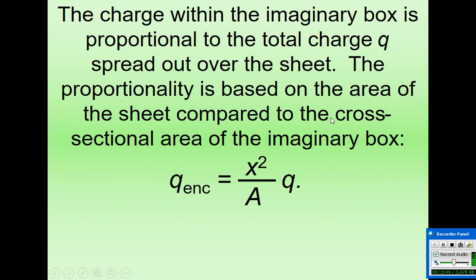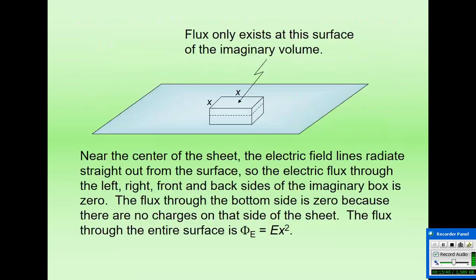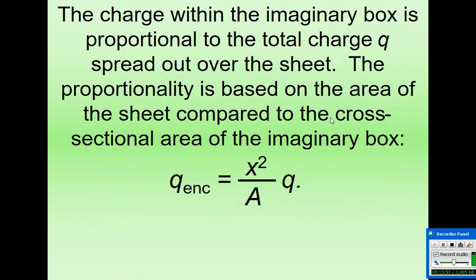What about the enclosed charge? Let's pretend that the sheet itself, the entire sheet, has a total charge of Q. Well, the amount of charge enclosed within the imaginary volume is proportional to the area of the sheet inside the imaginary volume divided by the total area.